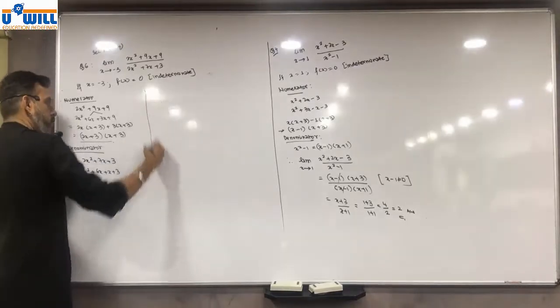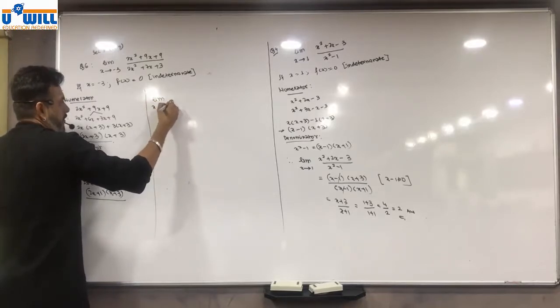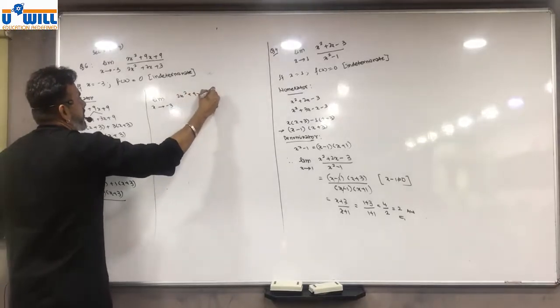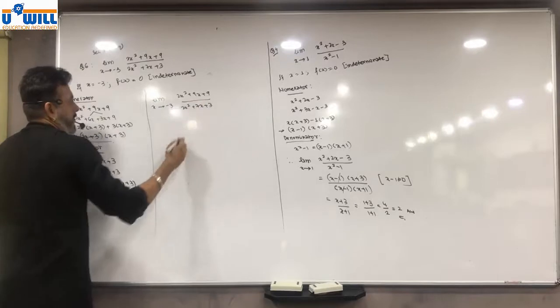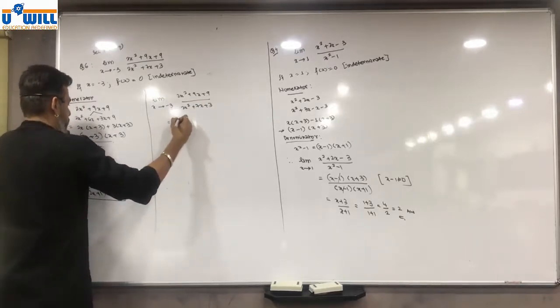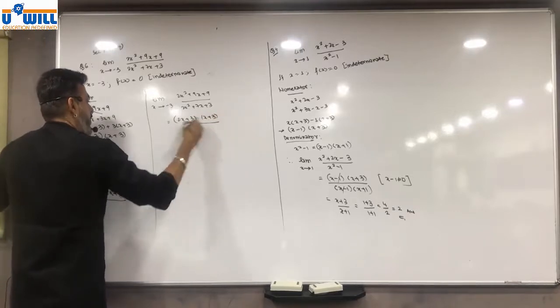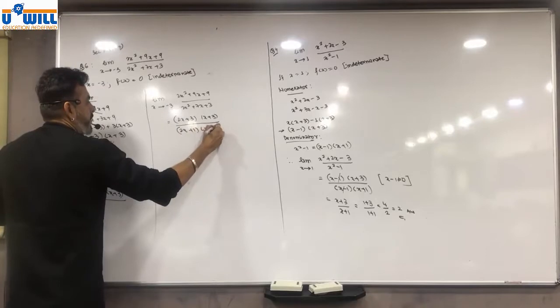Now we go to this limit x approaches minus 3, 2x square plus 9x plus 9 upon 2x square plus 7x plus 3, which is equal to 2x plus 3, x plus 3 upon 2x plus 1, x plus 3.